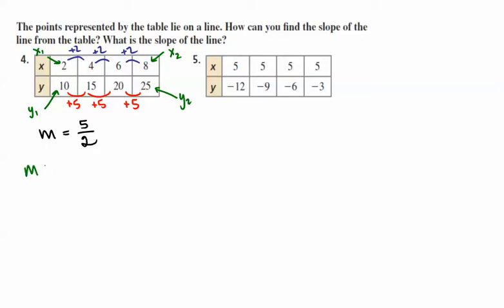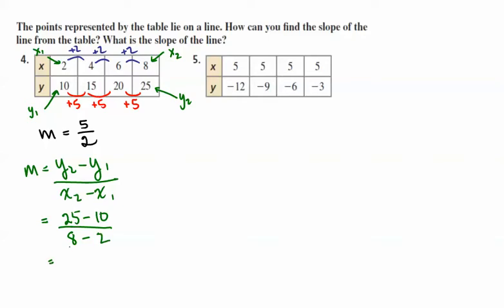So m is equal to y2 minus y1 over x2 minus x1, and we'll fill in the values now. y2 is 25 minus y1 is 10 over x2 is 8 minus x1 is 2, and we get 15 over 6, which both simplify by dividing by 3, numerator and denominator, and so we get 5 halves, which is what we found earlier anyway.